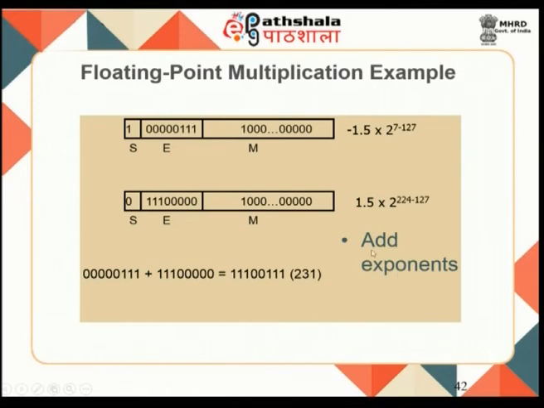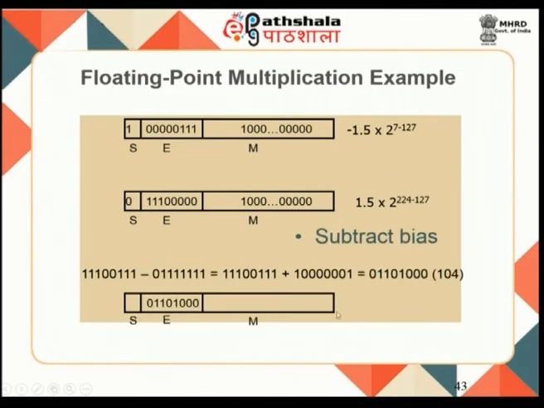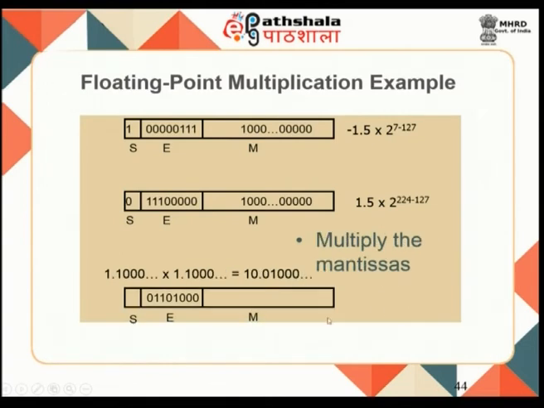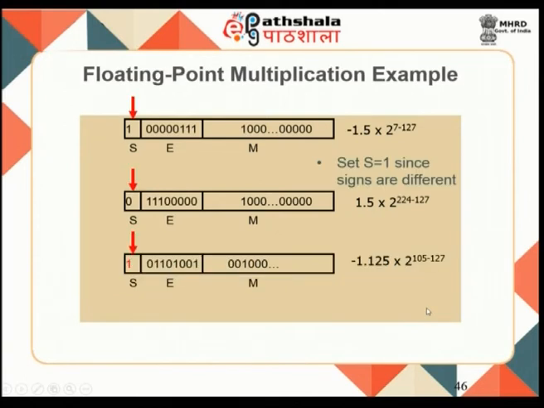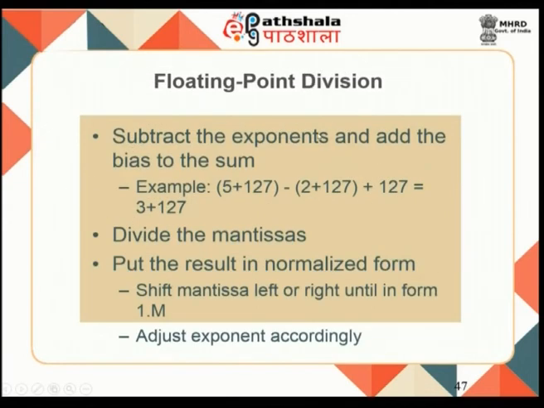You will have to add the exponents first of all and then subtract the bias value and then multiply the mantissas, and renormalize by shifting the number by 1 bit position and adding 1 to the exponent value, that is the renormalization done. And then because the sign bits are different, one has a 1 and the other one has a 0, the sign of the result is going to be negative. So, set the sign bit and produce the result.